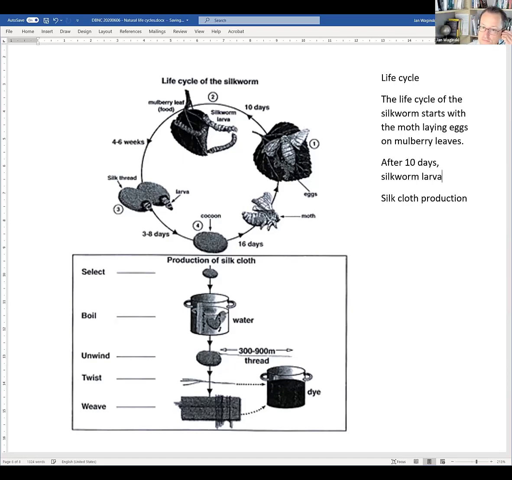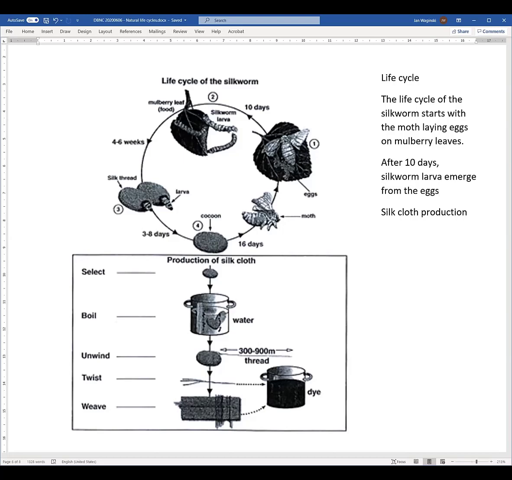We can use the same verb as we saw in the previous one. Maturation. Emergence. Emerge. Good. You can say from the eggs. Silkworm larva emerge from eggs. Larva is like the baby, right?